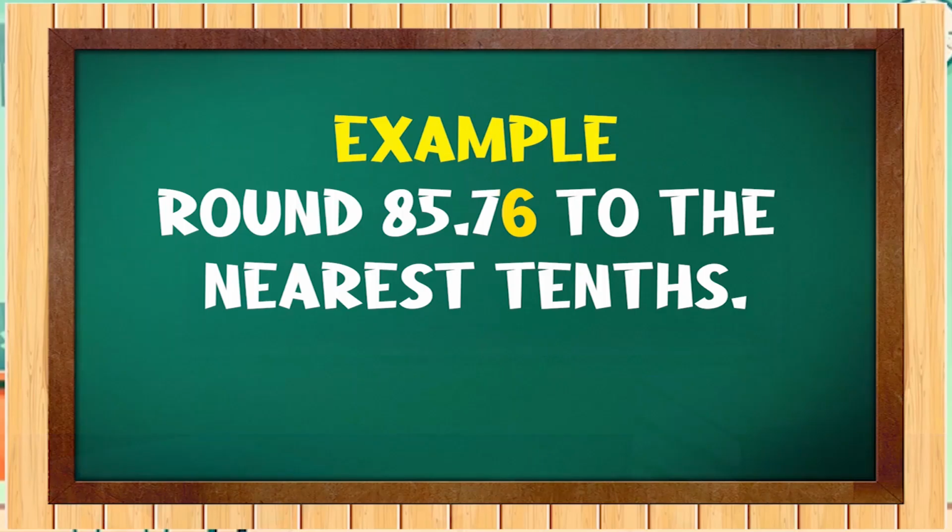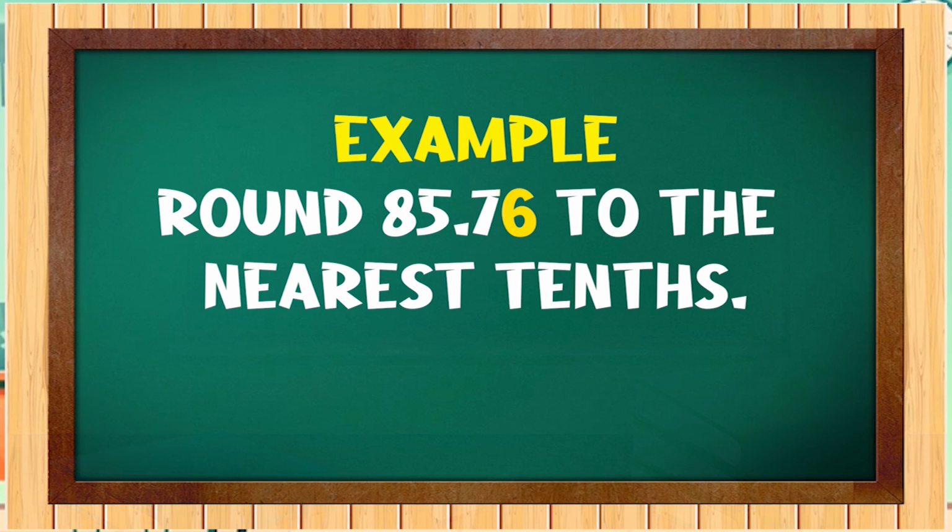Round 85.76 to the nearest tenths. What are we rounding to? The nearest tenths. When rounding to the nearest tenths, which place do we look at? We look at the hundredths place. The number in the hundredths place is 6. Is 6 more than 5, or is it less than 5? 6 is more than 5.